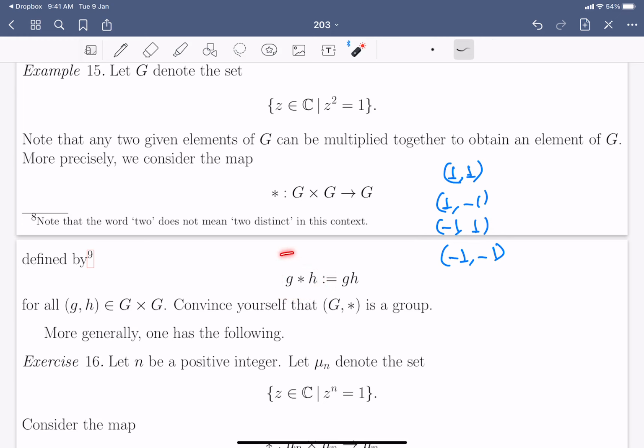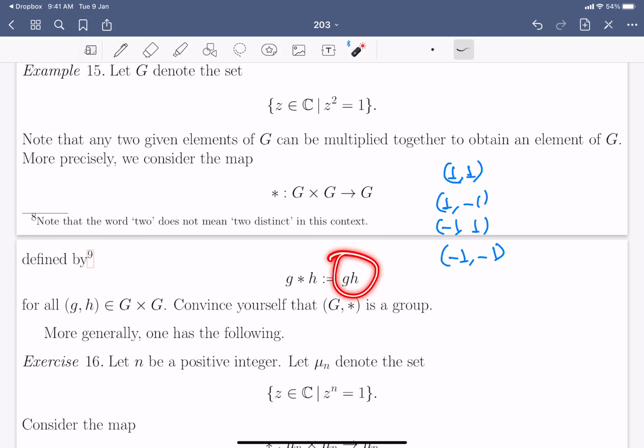It is easy to see that if you multiply any two of these, we get an element of G back. In other words, multiplying two solutions of this equation produces a solution of this equation. That's all I was trying to point out.